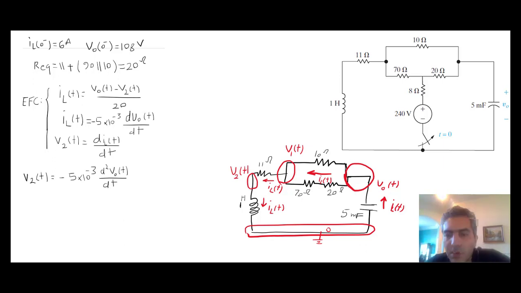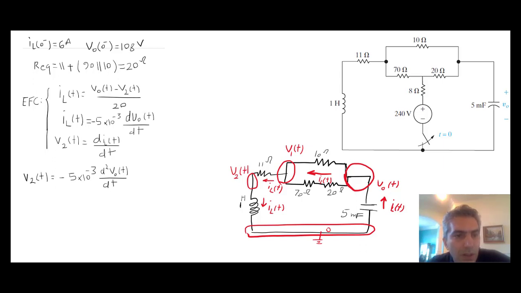So that's V2 as a function of V out. We already know that these two are equal to each other, so I just take these two and replace V2 with this, and I get one equation that is only a function of V out.